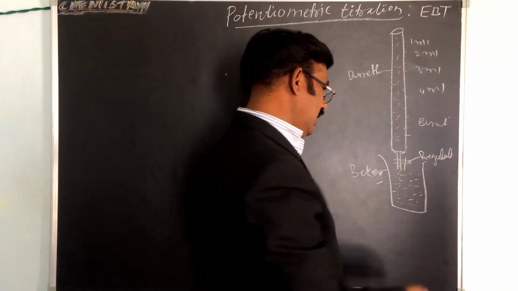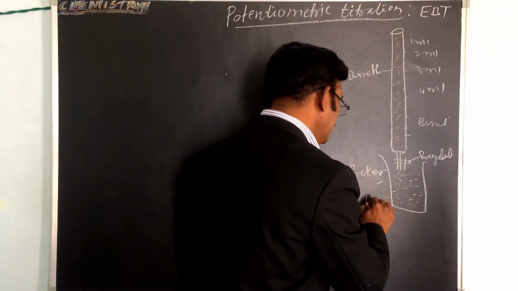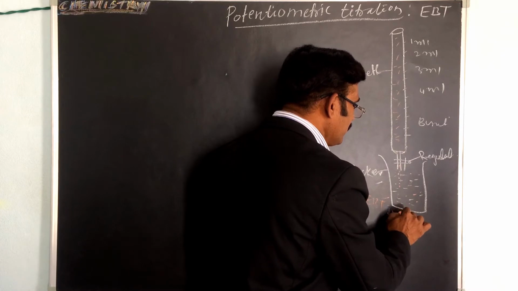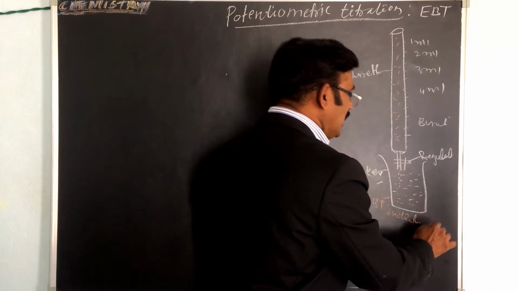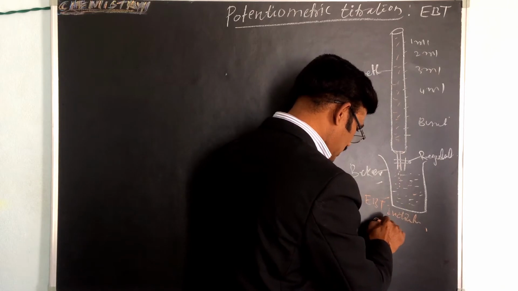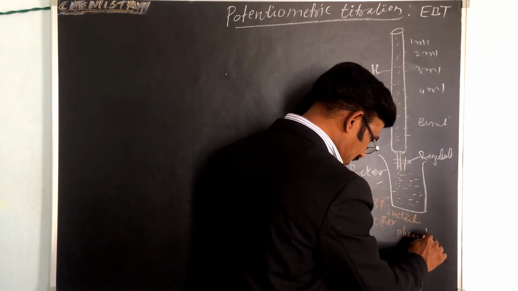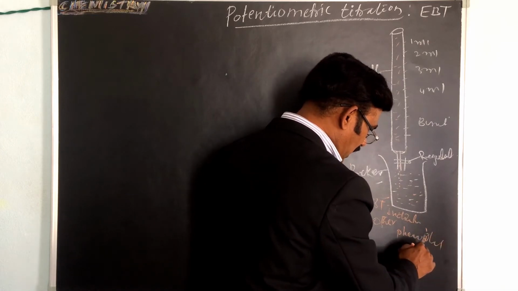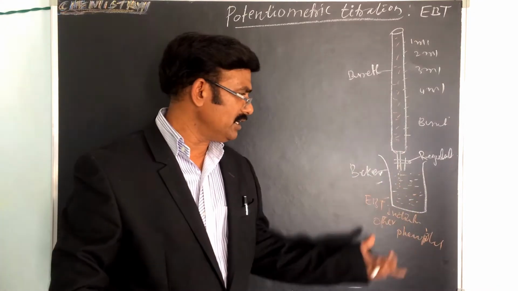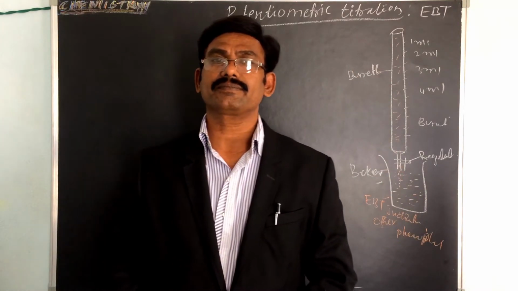An indicator is used for the color change, such as phenolphthalein or EBT indicator, or some other indicators. In other titrations phenolphthalein and many other indicators are used. These are the simple titrations.